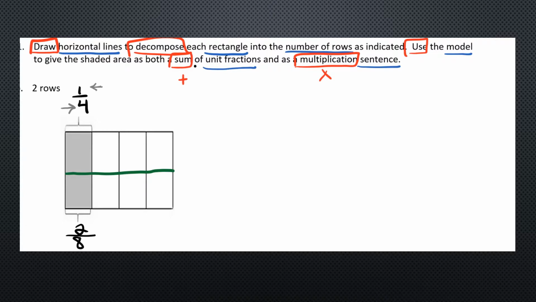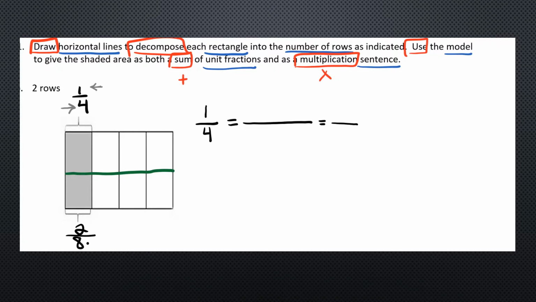Now I have to write that as a sum of unit fractions and as a multiplication sentence. We can think of this as a story, and that's how we do this in class. We start with a fraction at the beginning, we change it, or something happens to it, and then we end up with a fraction at the end. If we do a sum of unit fractions, we started with 1/4, and I need to add fractions to get to 2/8.